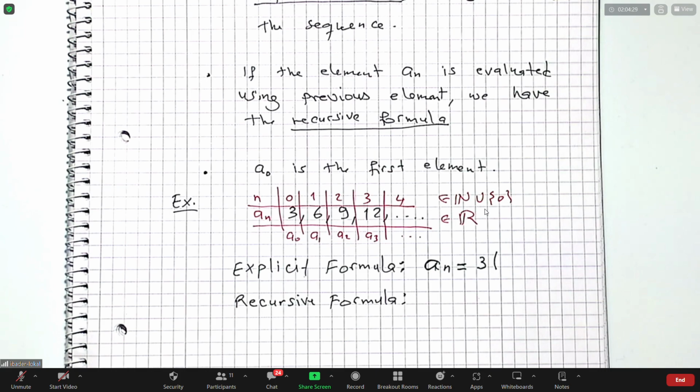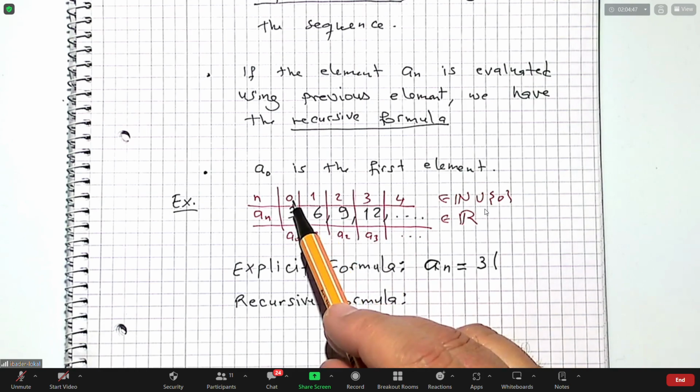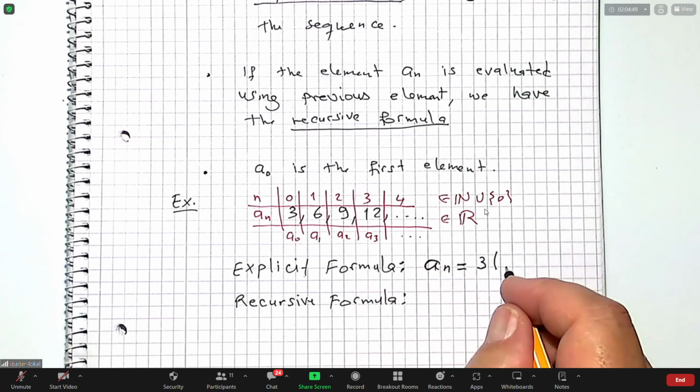So we said that if you want to give it as a function, this is the explicit formula. Just a function. So in this case, okay, if we have 0, we want to generate 3, we just add 1, right?